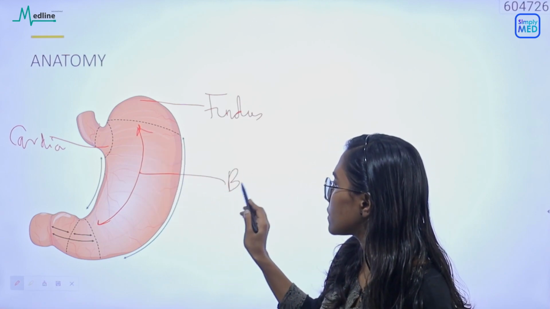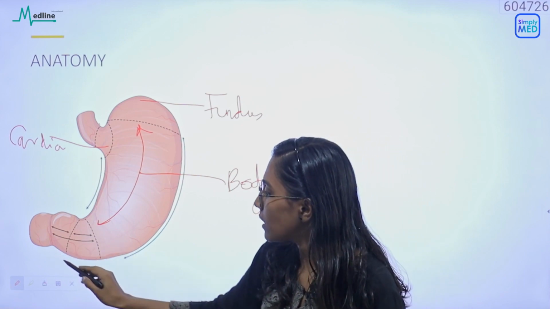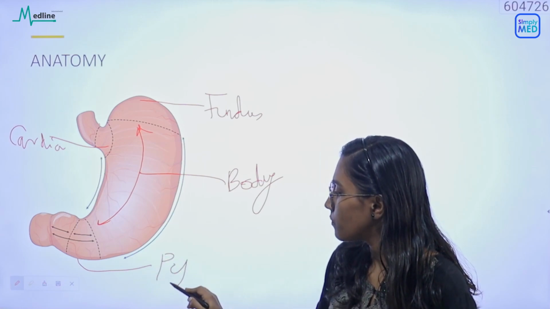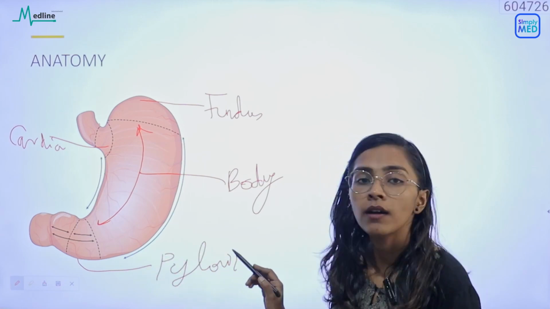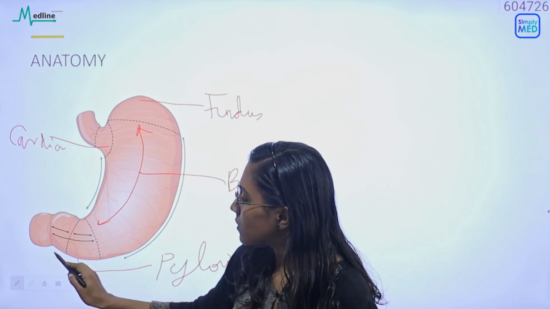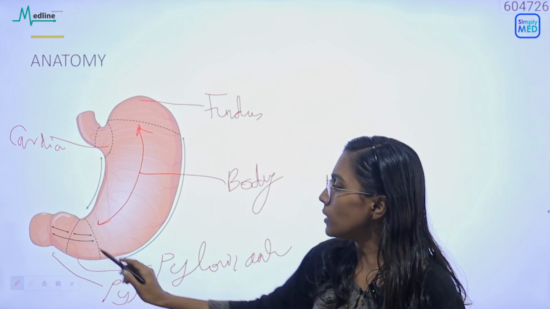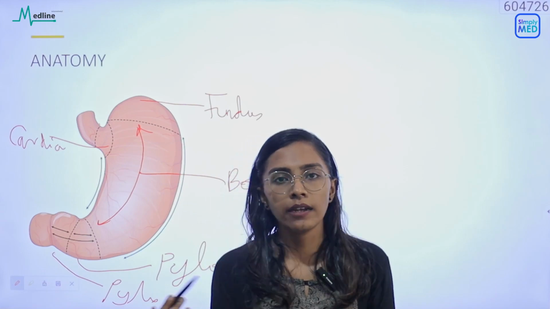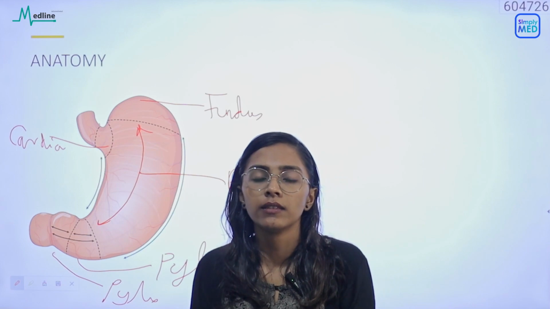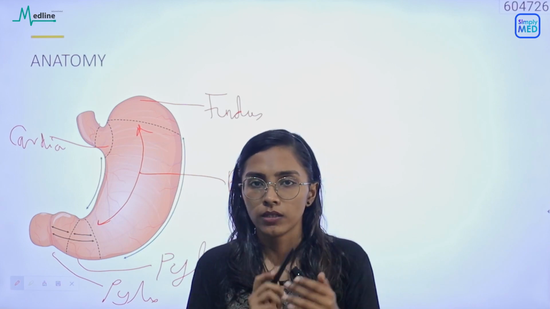Then we have the pylorus, and this is the pyloric antrum, and this one is the pylorus. This continues as the pyloric canal, and the duodenum starts after that. So these are the main parts of the stomach: cardia, fundus, body, antrum, and pylorus.